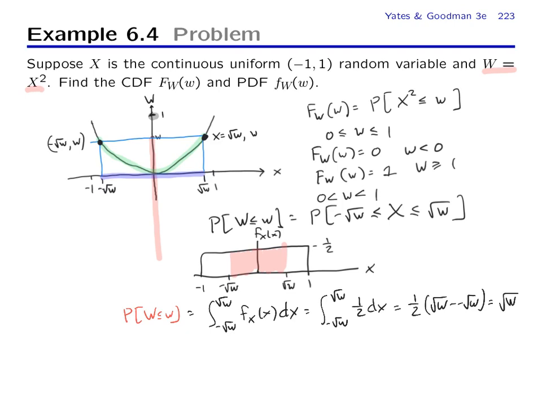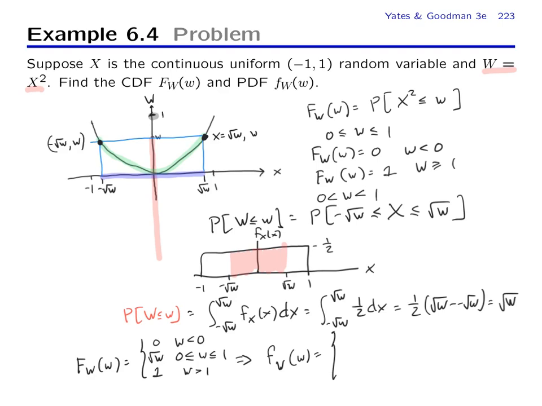So putting these pieces together, we have the CDF of W equal to 0 for w less than 0, equal to root w for w between 0 and 1, and equal to 1 for w greater than 1. Then we just take a derivative to find the PDF. Since we have a piecewise function, we do this derivative piecewise, and the only piece that matters is w between 0 and 1.